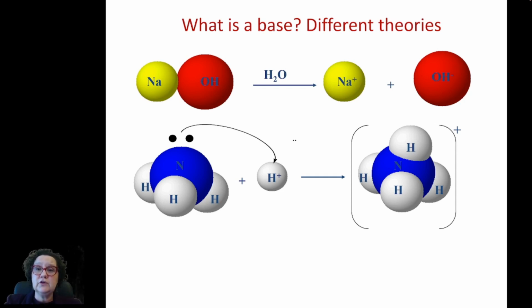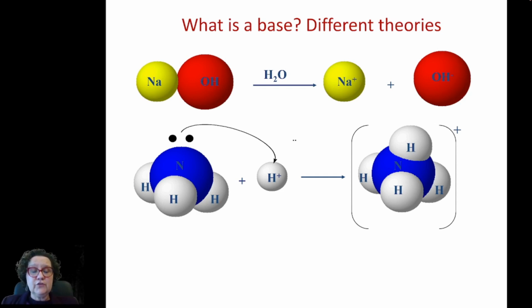So when you dissolve it in water, the ions separate, and you have the sodium ions that you don't particularly care about, and the OH minus, the hydroxide anions, and you care about them because that's what makes sodium hydroxide behave as a base. So all Arrhenius bases are ionic compounds because they will liberate that OH minus anion.